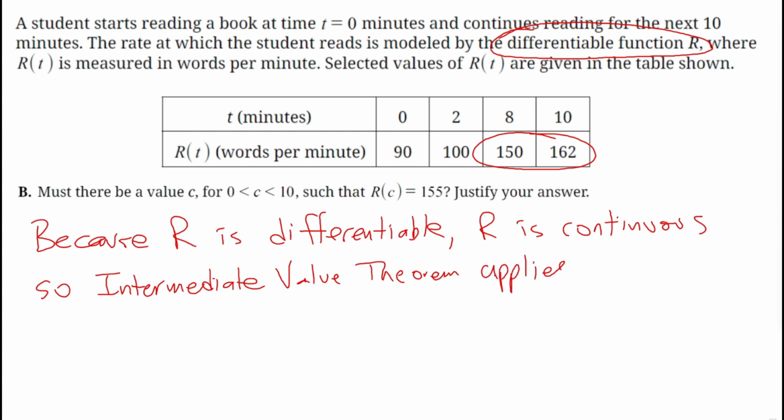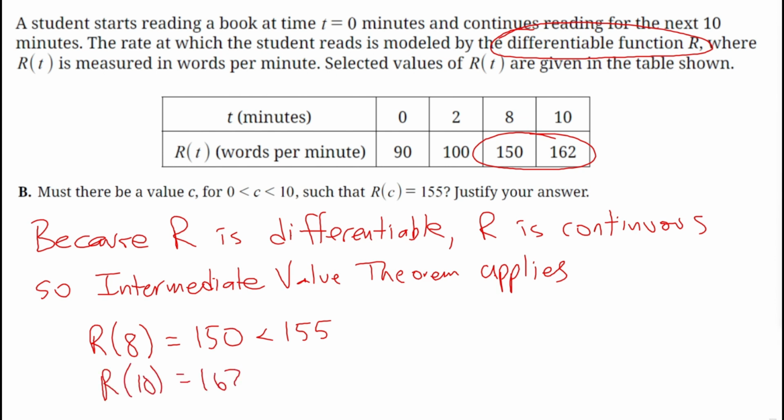And since the intermediate value theorem applies, now you can say that R of 8 was 150, which is less than 155, and that R of 10 was 162, which is greater than 155.